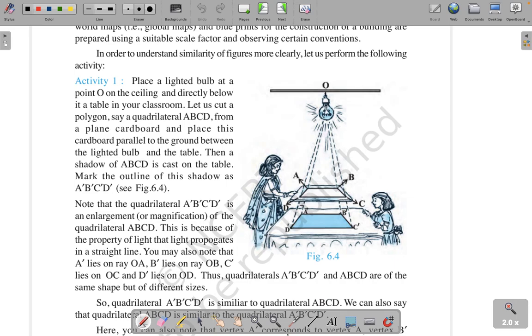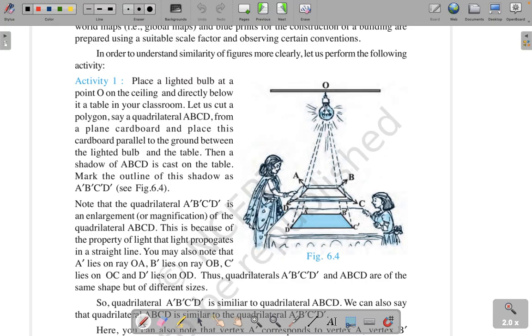And then these two figures would be similar. They won't be congruent, because to be congruent, the shadow and the cardboard should coincide. But since they are at a distance, the shadow formed will be larger than the cardboard.